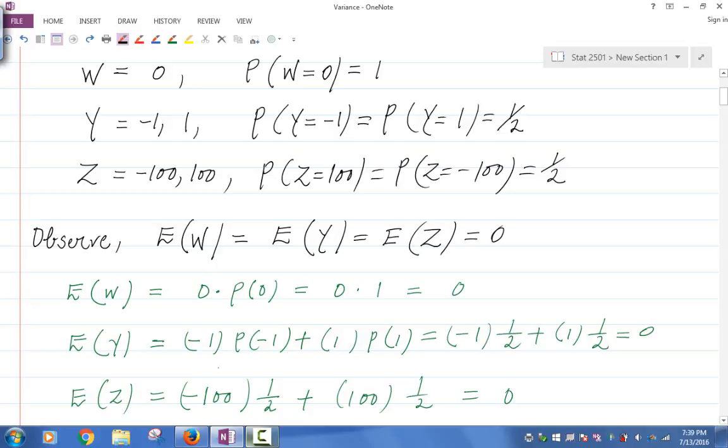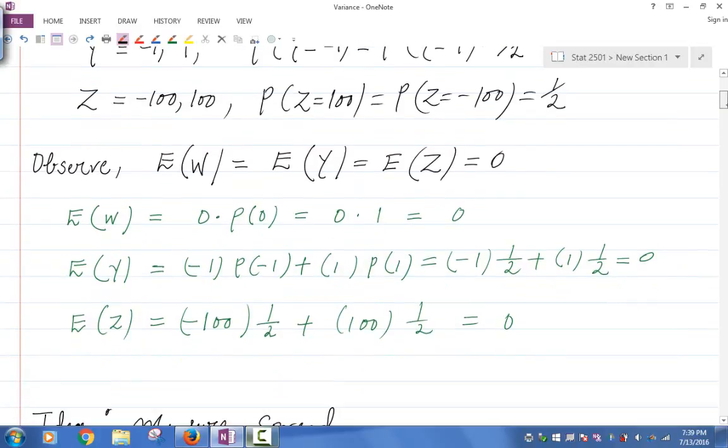So the expectation of W would be 0 times p of 0, which is 0 times 1, which is 0. The expectation of Y would be -1 times p of -1 plus 1 times p of 1, which is -1 times half plus 1 times half, which is 0 again. And similarly, the expectation of Z is 0 as well.